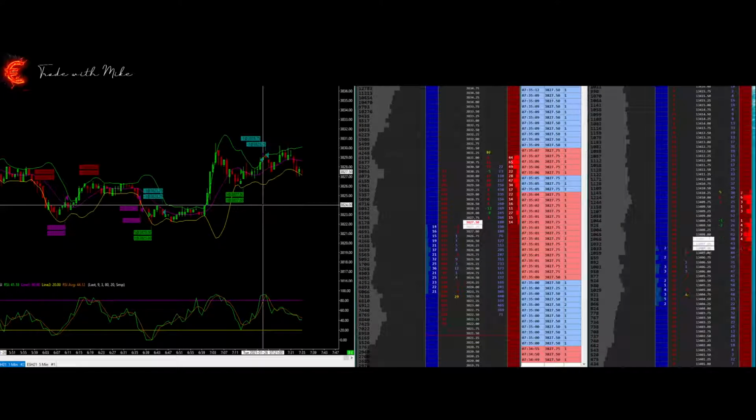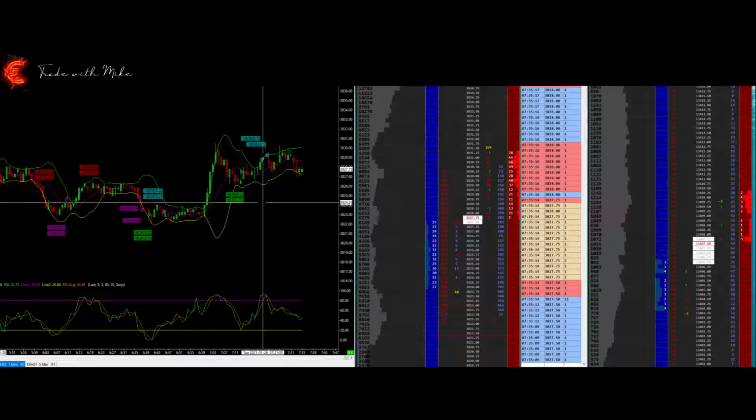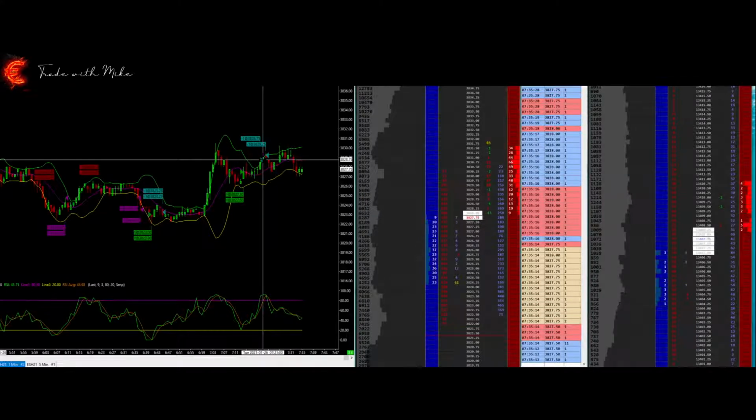The strategy is pretty simple. It's a scalping strategy. It's not good for Forex, as I've used it before for Forex. I tested it, and it didn't work, just because the spread might be too big in Forex and so on. But it's a good strategy, for example, for futures trading.